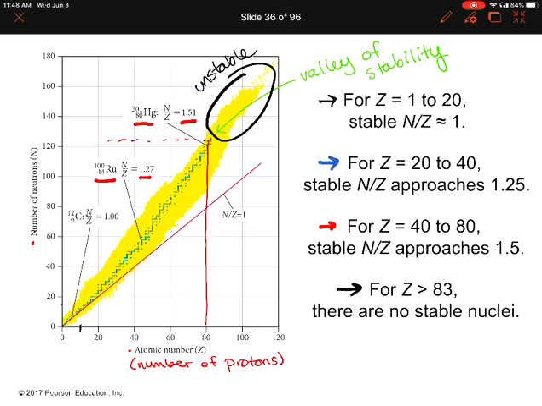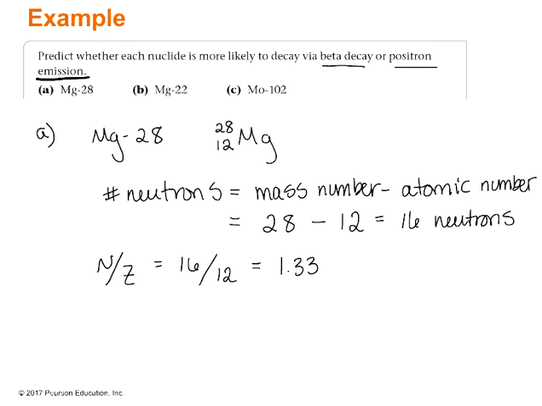So maybe that's around here. Okay, so magnesium 28 is just above that valley of stability. Okay, so that tells me that magnesium has too many neutrons. We also said that for atomic numbers 1 through 20, the ratio should be about 1, and again, in this case, it's a little too high. It's 1.33.